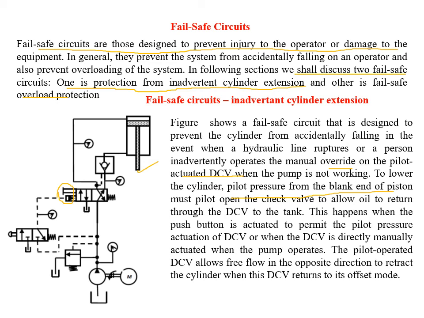The pilot operated DCV allows free flow in the opposite direction to retract the cylinder when the DCV returns to its offset mode. That means whenever this valve gets actuated by accident, because of this direction control valve located in this circuit, the falling of the load is prevented. That is why it is called a fail-safe circuit.